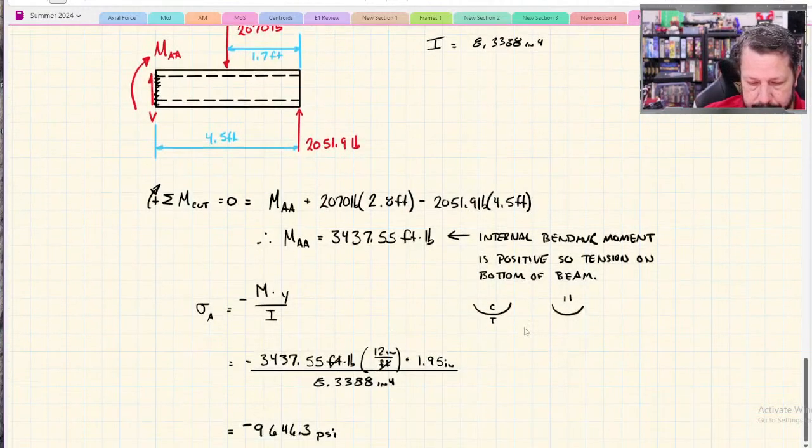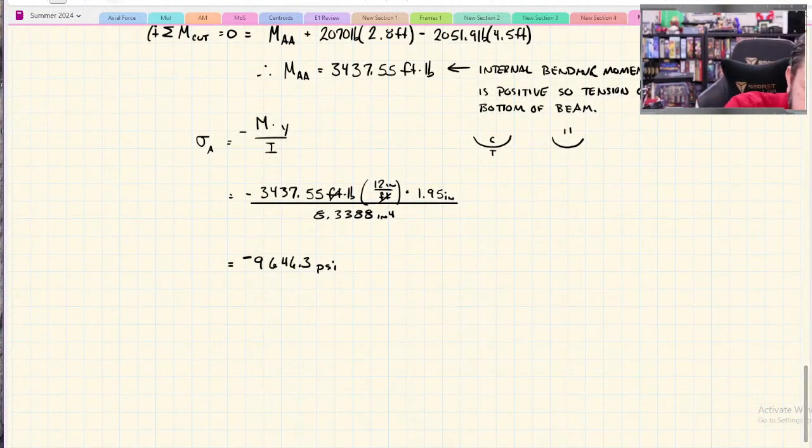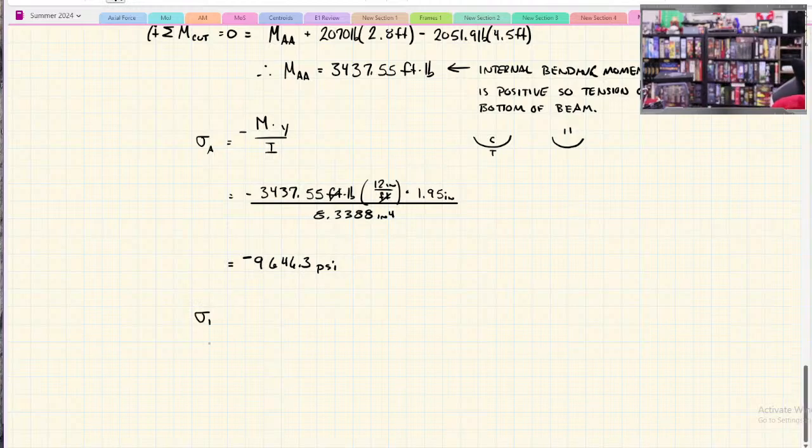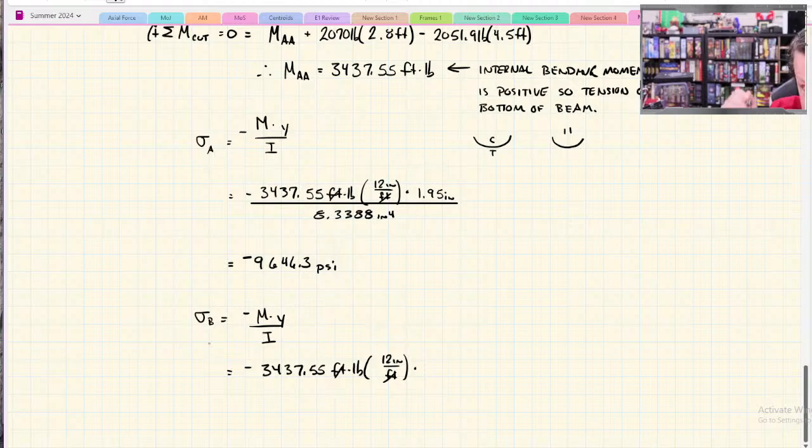So the only thing that changes in my equation here, sigma B is negative M times y over I. Negative, same internal bending moment. Still need to convert over to inch pounds. But the distance y is different, and it's negative.